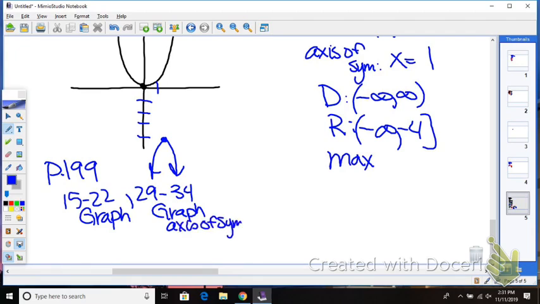Actually, I want you to do everything. Domain and range, min or max. And vertex. So on the first part, all you have to do is graph, which is nice. What number? 107.